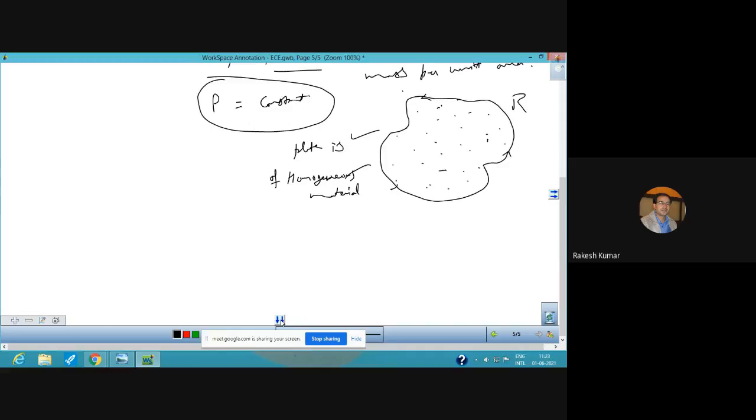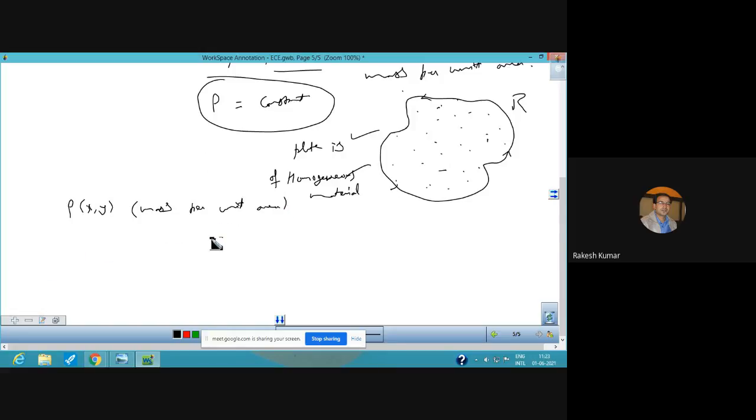And if the density is a variable density, obviously it is different at different points of the region. So rho is a function of x and y, the density, which is mass per unit area.